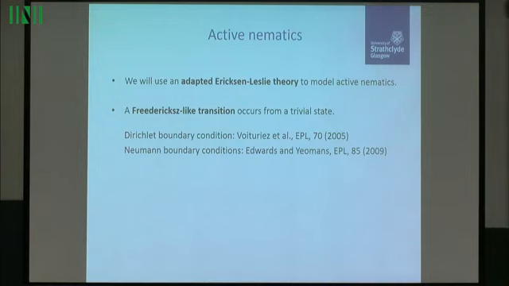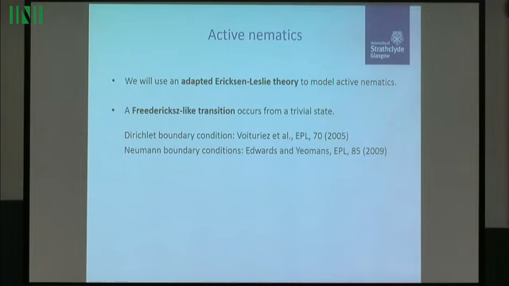So this kind of model has been used before, in some of the earliest models, well over 10 years ago now. What they saw in these two papers was very similar, and they led in different directions, but what's called a Friedrichs-like transition. The Friedrichs effect is an effect in inactive liquid crystals where our molecules are aligned in one direction by some force, and if we apply a magnetic or an electric field, that can reorient our molecules.